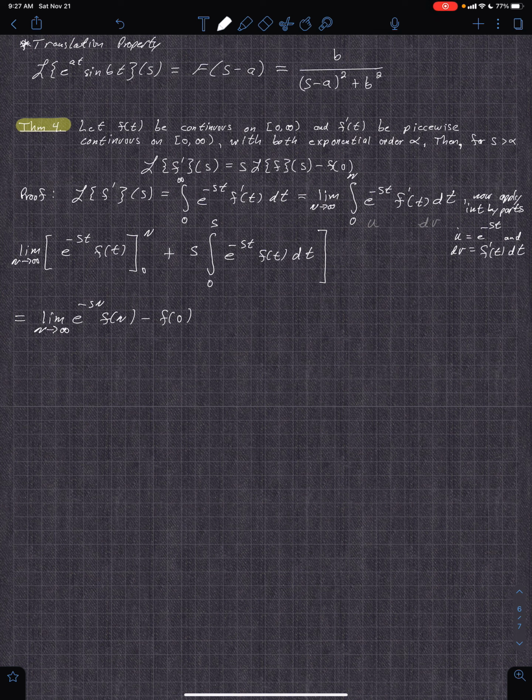And so the second one just already evaluated. So then that's plus s times the limit as n approaches infinity, integral 0 to n e to negative st f of t dt.